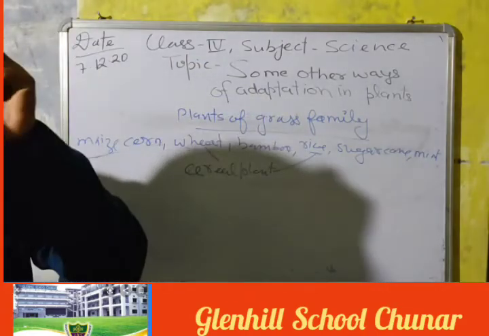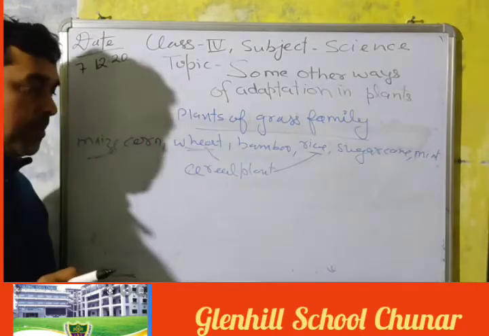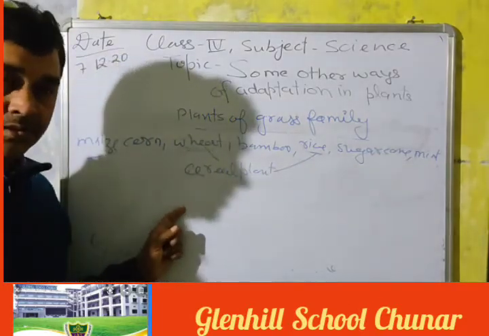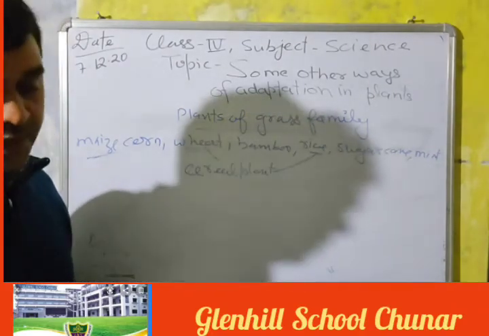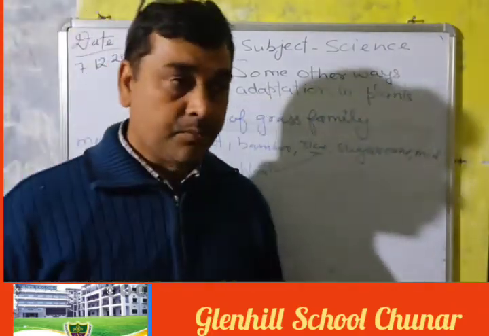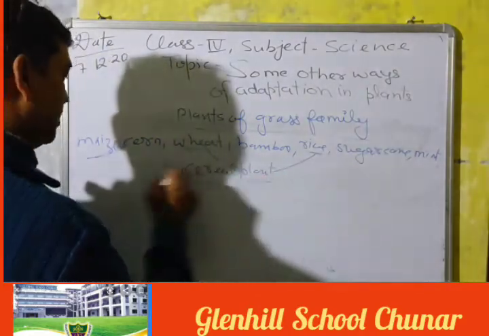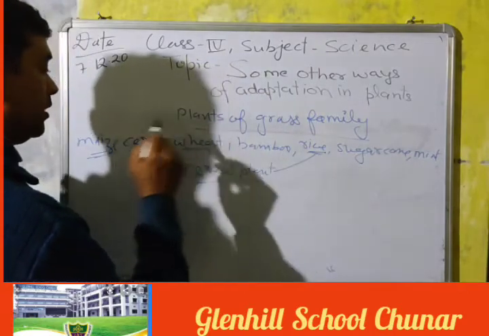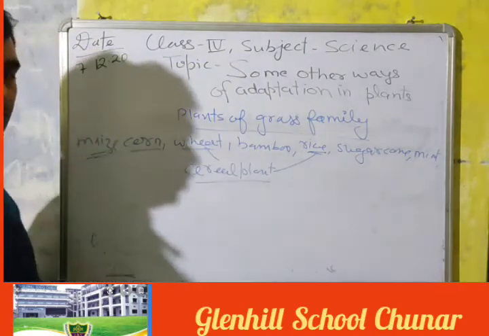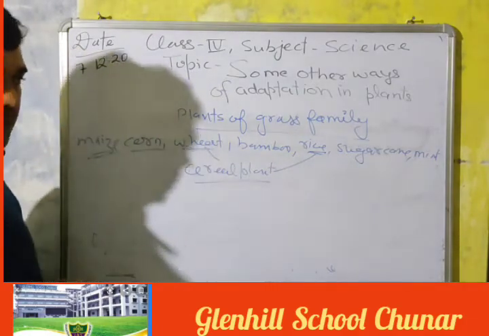Okay. Common cereals give seeds that are very useful as food. Cereal plants like maize, corn, rice, and wheat are very useful for obtaining seeds for our food.